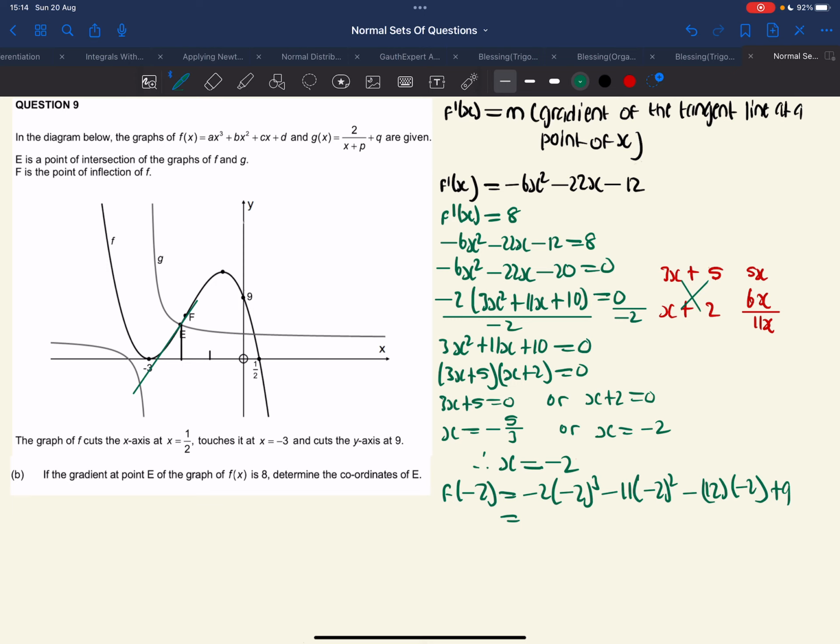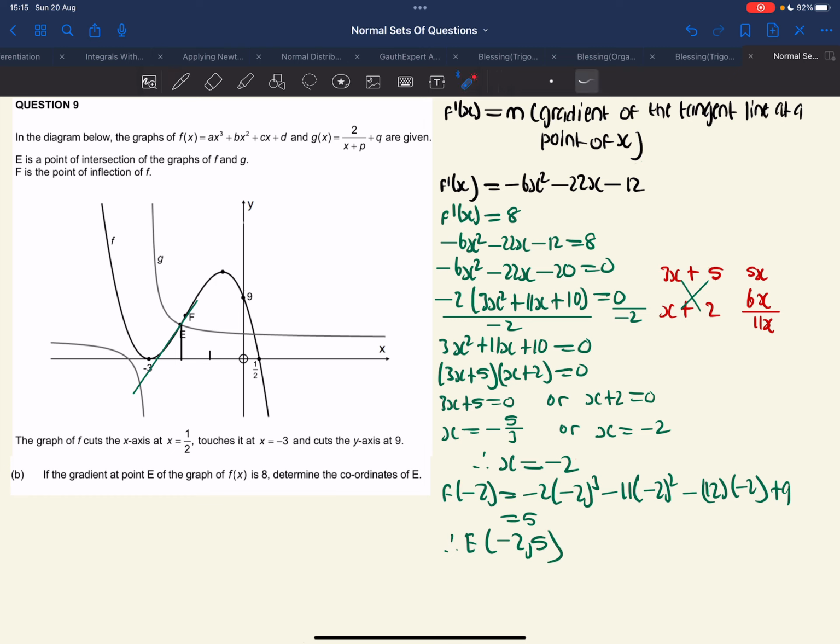Then you say equals, let's check what answer we get. We get 5. So we say therefore E is minus 2 comma 5.